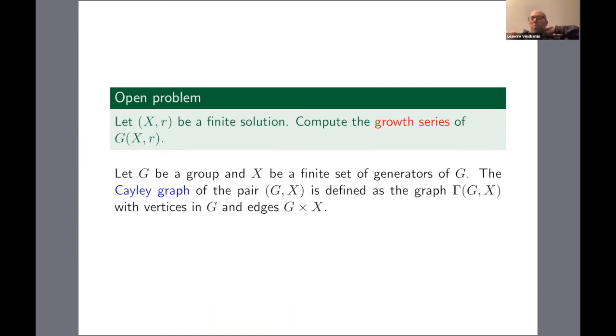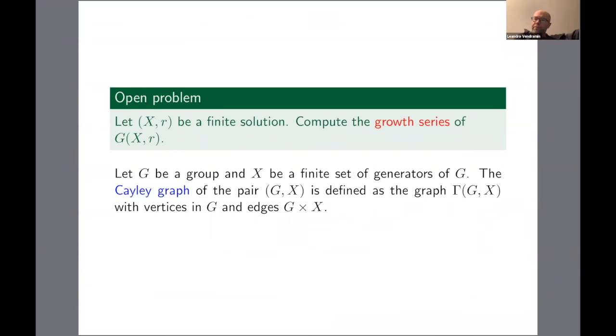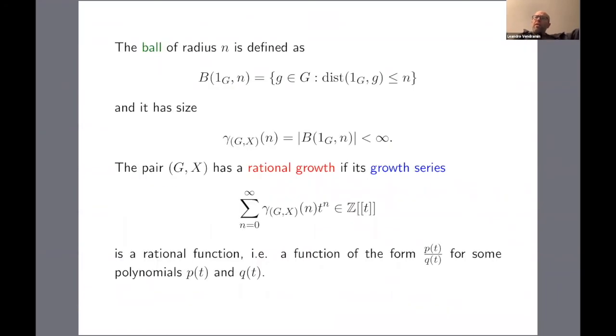If you have a group, pick a finite set of generators X of your group. Then you consider the Cayley graph of the pair (G, X), which is the graph with vertices the elements of G and edges in G × X. So you can define the ball of radius n as this set, and you can compute the size of this, which is a finite set, right?